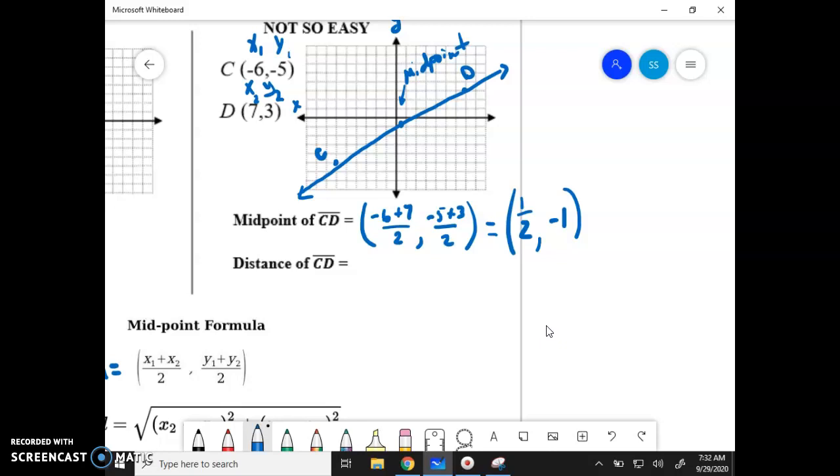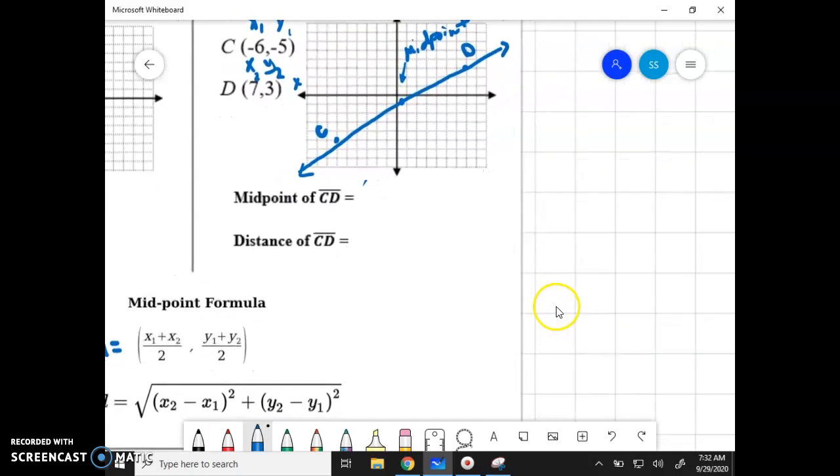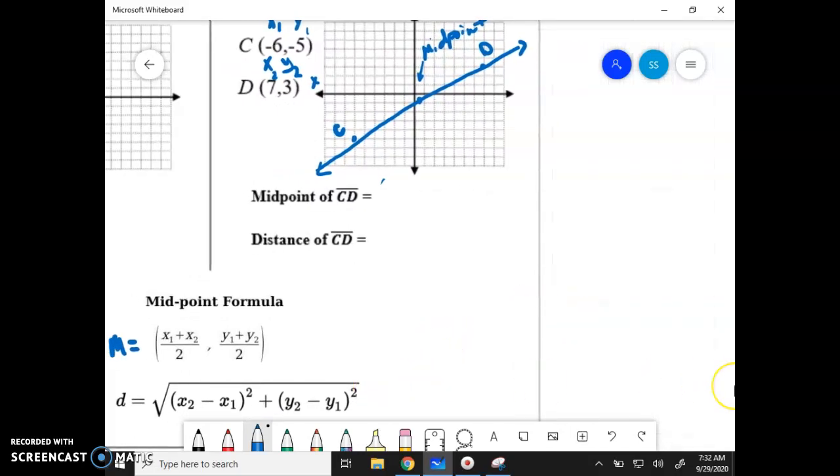All right, I'm going to erase. The distance formula is right here. I'm going to write the whole thing out. d is equal to a big radicand: x2 is 7 minus x1, which was negative 6.